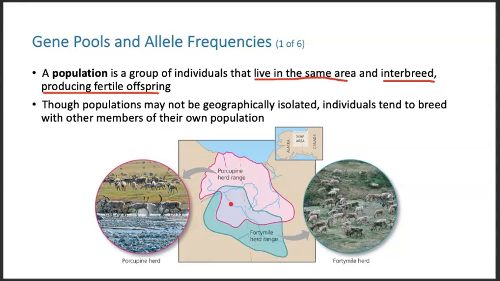So even though the range overlaps right here, the porcupine herd does not really mate with the 40-mile herd, and so they are considered to be distinct populations, again, because of this non-interbreeding. And just so you know, which I didn't say before, these are reindeer, and they are found at the border of Alaska and Canada.